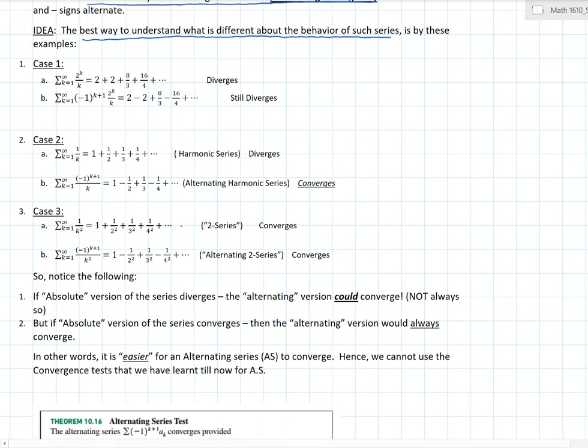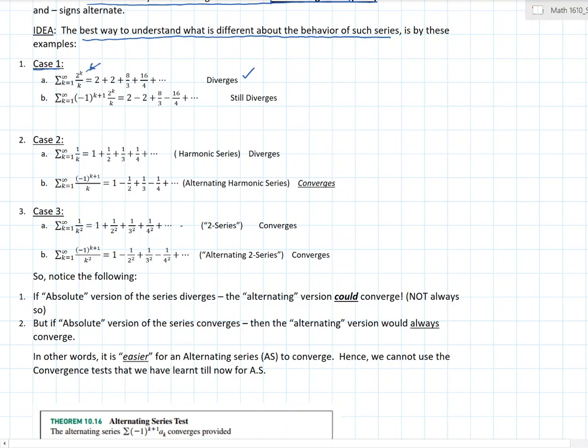I'm going to look at three cases. First case. You have a series like this. Notice that all the terms are added. There is no alternating going on. So if you have 2 raised to the power k over k, it has terms like these. It's pretty easy to check that this one diverges.